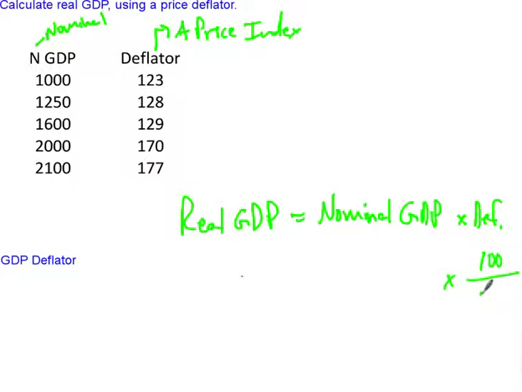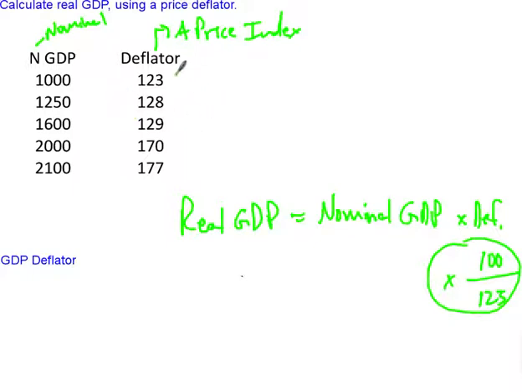And so in the first example, that would be over 123. All right, and this is the only math that you have, well, you have to do the math for the whole thing, but this is the only little trick that you have to remember, is to take the deflator and divide it into 100, and that'll give you the number that you multiply nominal GDP by.